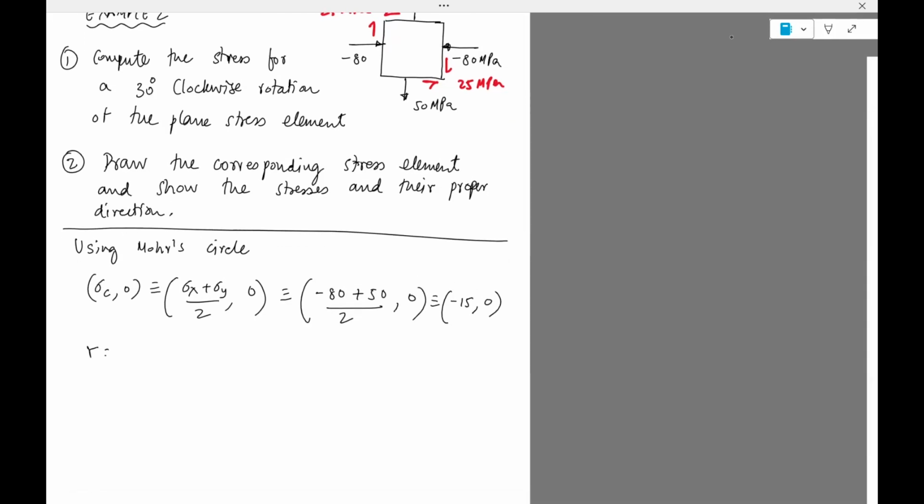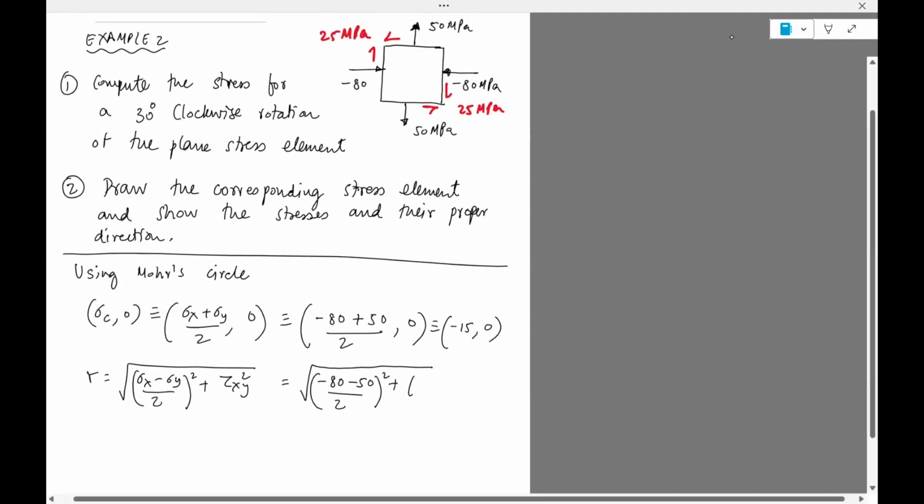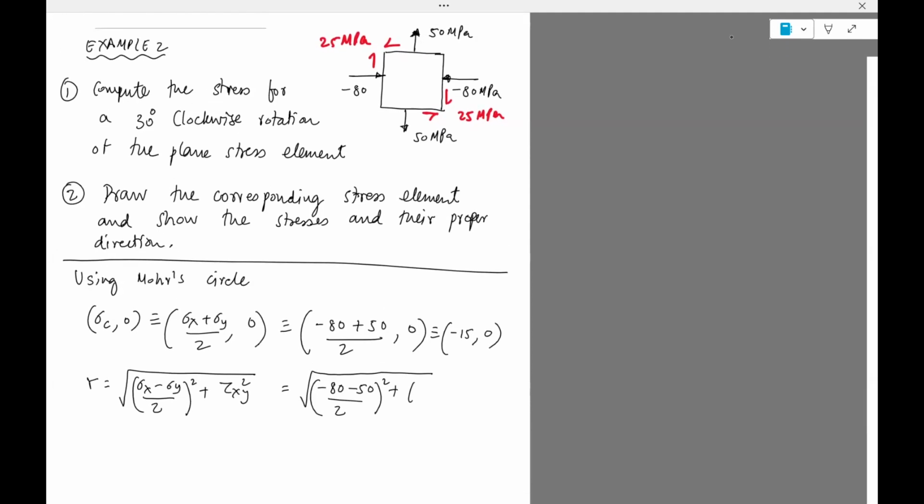The radius of the circle is sigma x minus sigma y divided by 2, the whole square, plus tau xy square. And so this comes out to be minus 80 minus 50 divided by 2 square plus, here the stress 25 is actually negative because of the way I've drawn it.